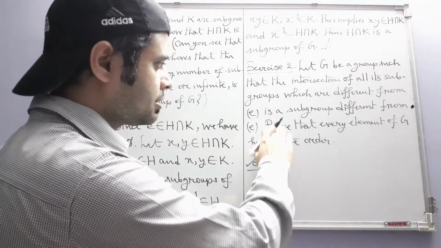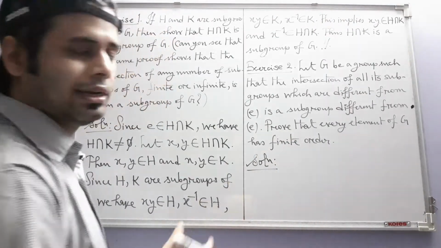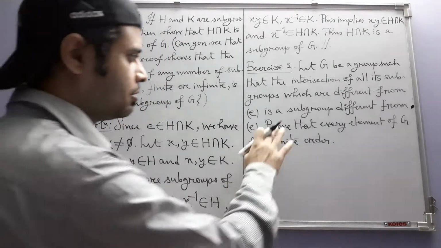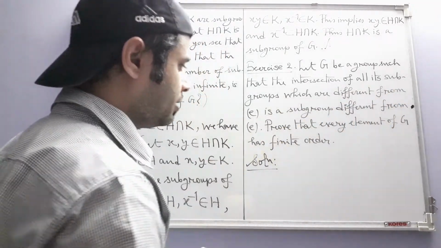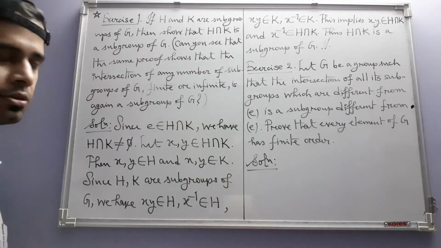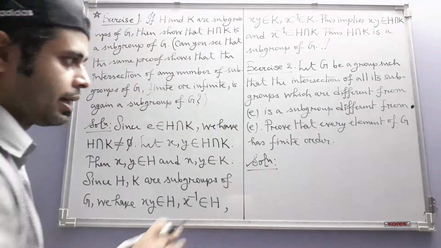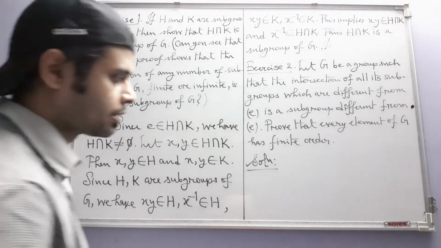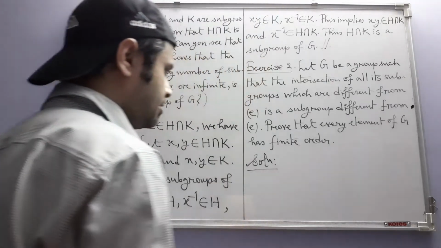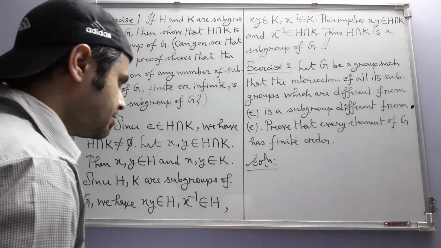On the surface, immediately we don't see any connection between this intersection being not equal to the trivial group and the group having all of its elements of finite order. Apparently there is no connection on the surface, but let us see how we can prove this.